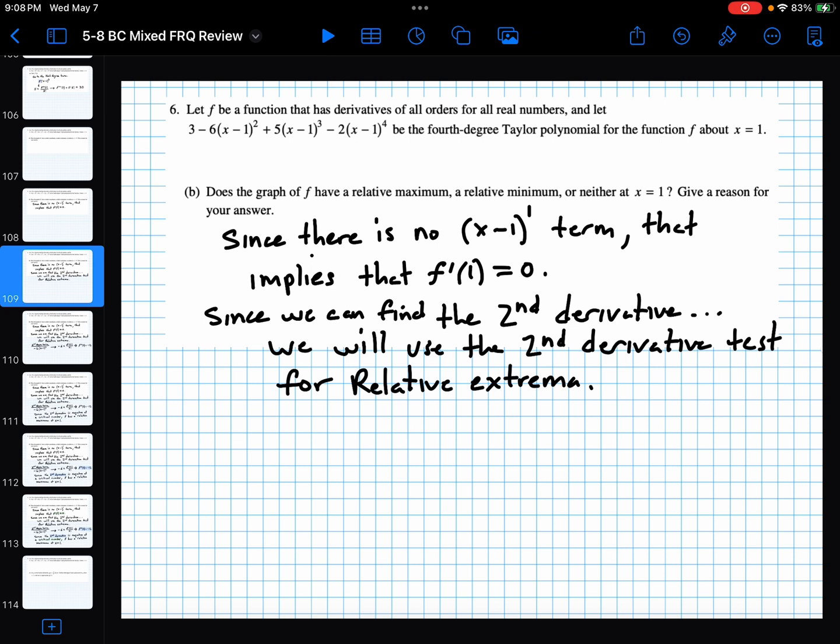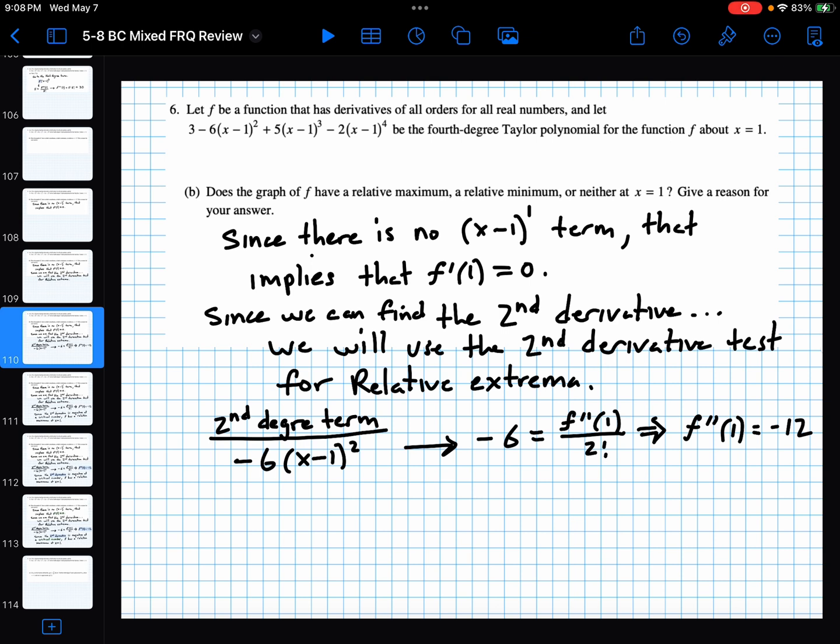So now I'm going to figure out what the second derivative at 1 is by going to the second degree term. And that is that negative 6 times x minus 1 to the second power. Well, just like we did in part A, I'm going to set that coefficient equal to f double prime of 1 over 2 factorial. Multiply both sides by 2 factorial, which is just 2, and I get negative 12.